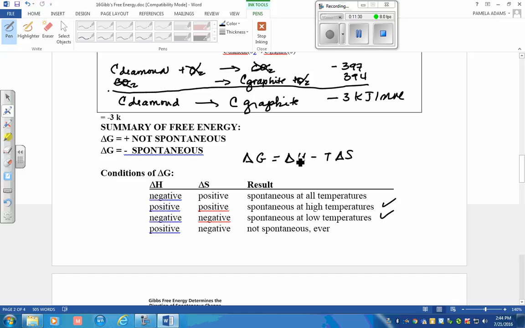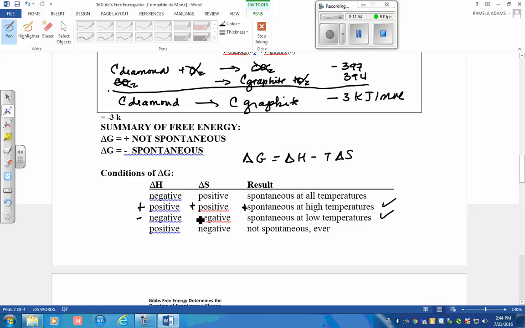When delta H is positive, which is generally non-spontaneous, and S is positive, generally spontaneous, only at high temperatures will that be spontaneous. I think of it this way. This is a plus, this is a plus, this is a plus. When these two are positive, only at high temperatures.